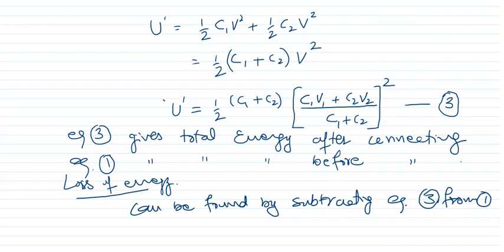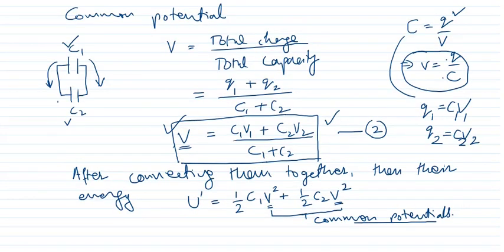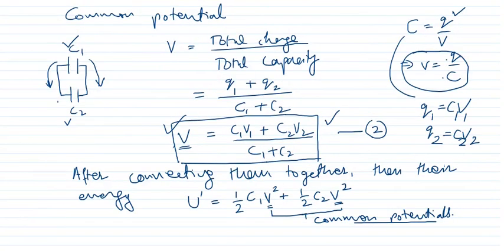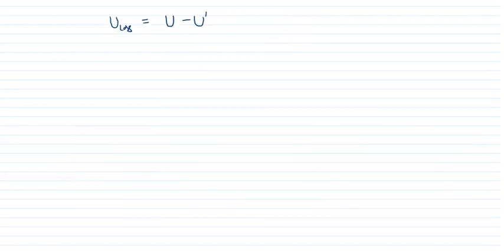So therefore, loss of energy is equal to U minus U dash. I think it is U dash, and here it is U. Clear? So this one minus equation number 3.